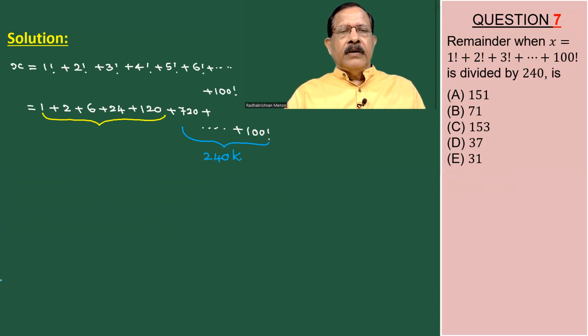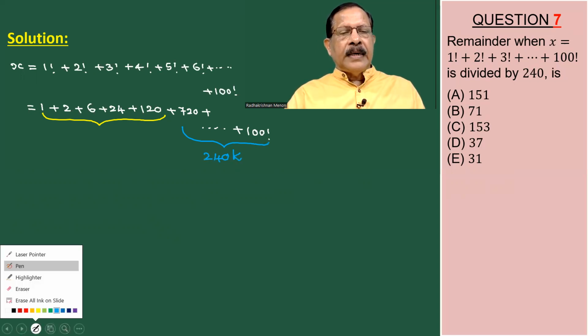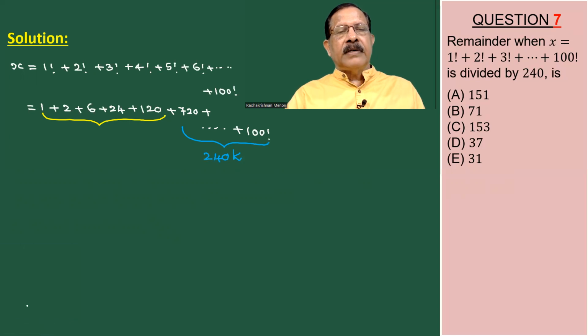Okay. So when you add the remaining numbers, what are you getting? You will be getting 153 plus, and the last group of numbers, we are getting 240K. So this we can write as 240 into K, where 240 is divisor, K is quotient, plus remainder.